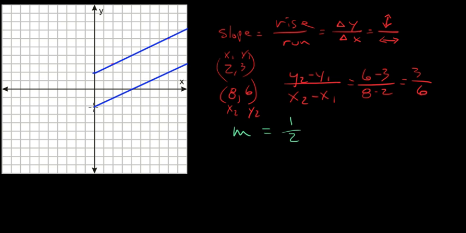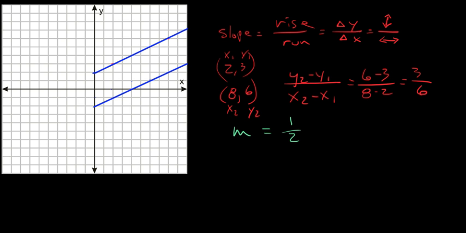If I start here, I go up 1, to the right 2, up 1, to the right 2, up 1, to the right 2. Up 1 means positive 1, that's my change in y, and over 2 means I'm going to the right 2. So you notice these two lines are parallel.